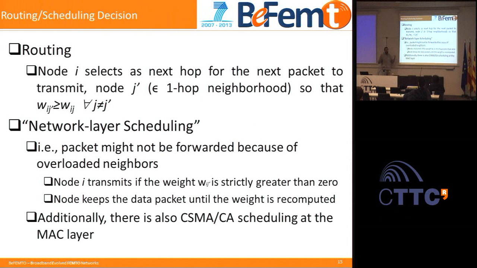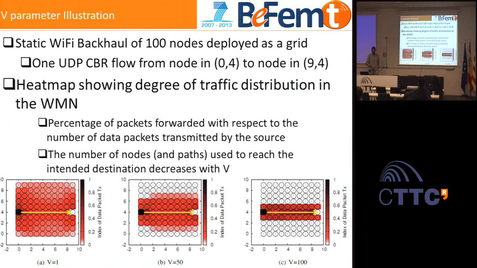So this is kind of a nice feature of the protocol. We wait for better opportunity to transmit, right? And of course, in a Wi-Fi environment, you still have this layer 2 scheduling, right? So, and this is to illustrate what you can do with V.